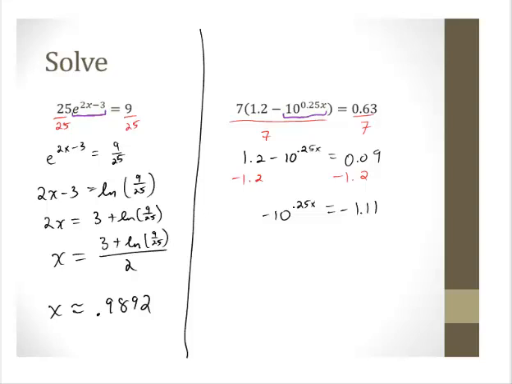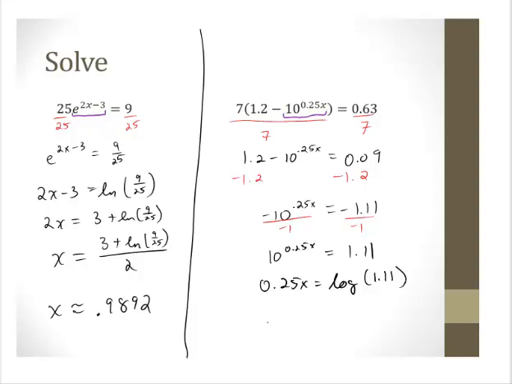I'll divide both sides by the negative 1. 10 raised to the 0.25x is equal to 1.11. I will convert this to the logarithmic form. 0.25x is equal to the common log of 1.11.